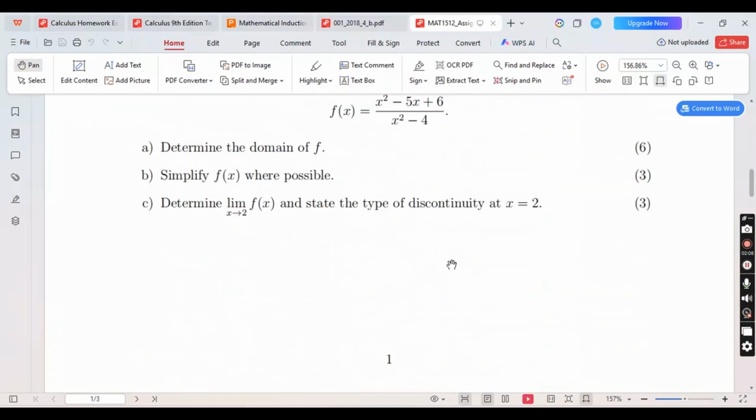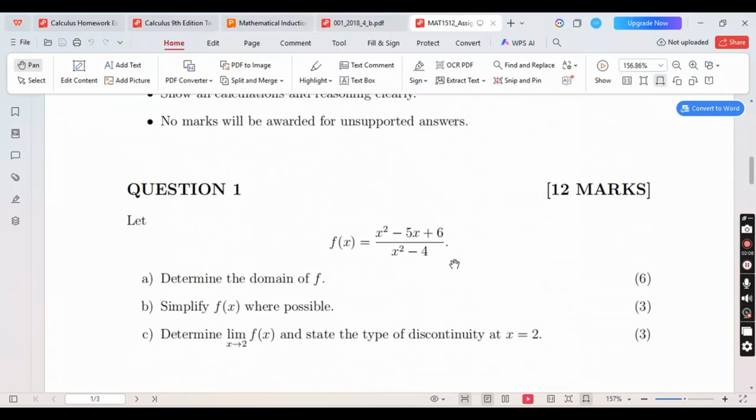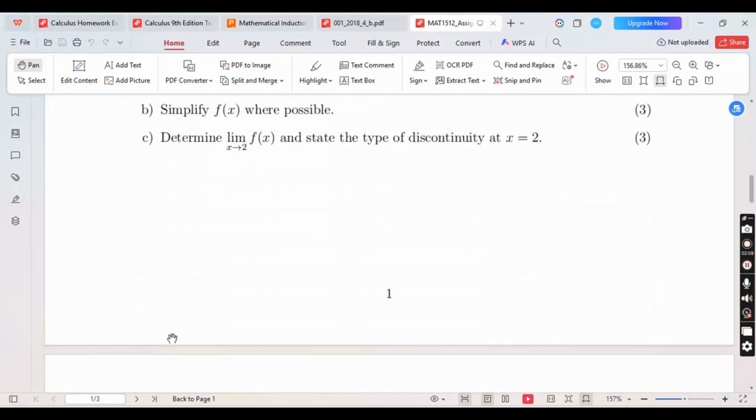So number one, you should be able to do A and B. C, we haven't reached that far.